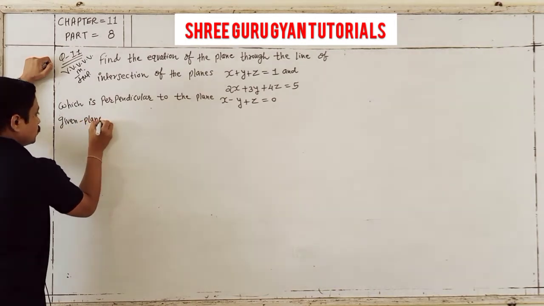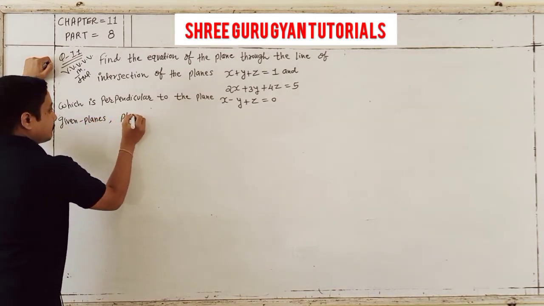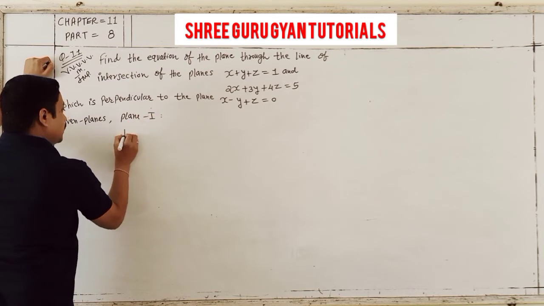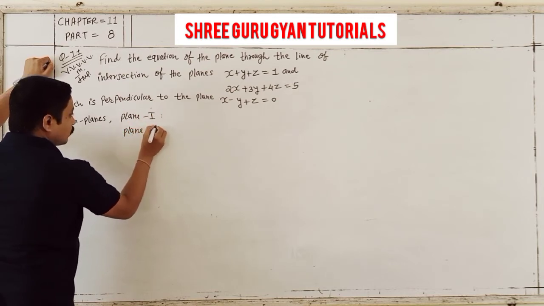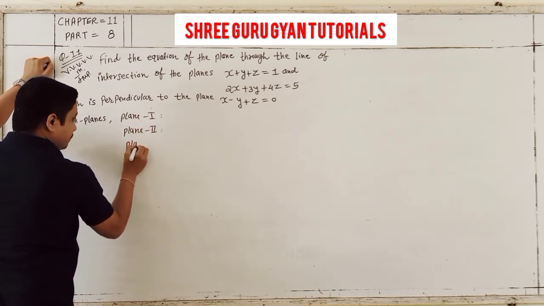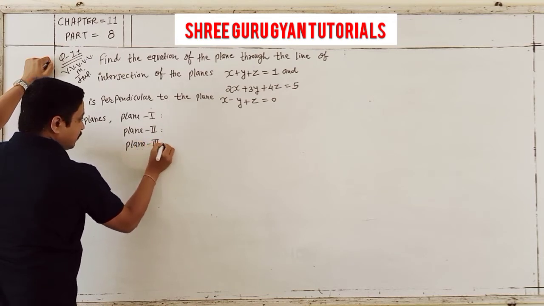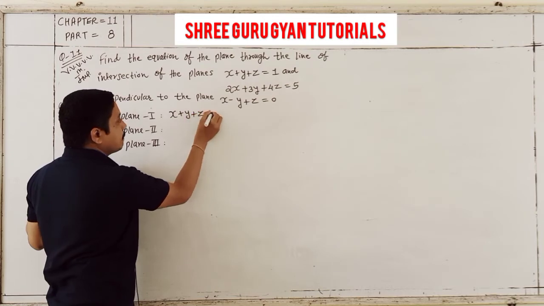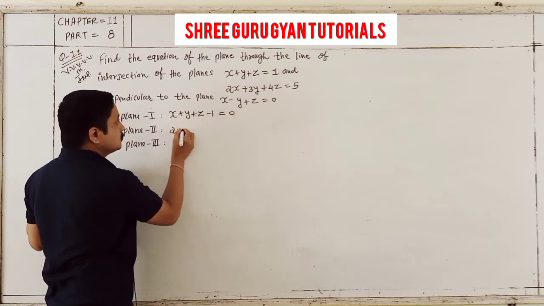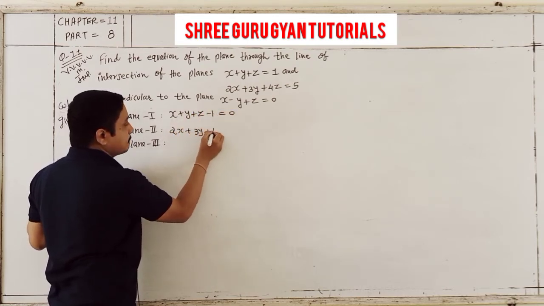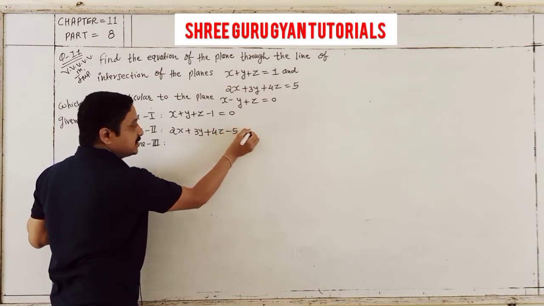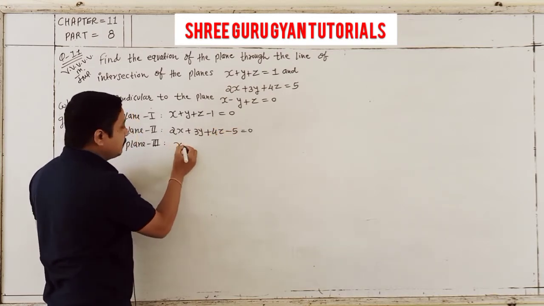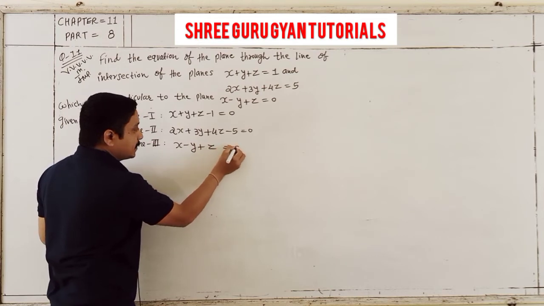I just told plane 1 and plane 2, also plane 3. Three planes are given. First plane is x plus y plus z minus 1 is equal to 0, 2x plus 3y plus 4z minus 5 is equal to 0, and plane 3 is x minus y plus z is equal to 0.